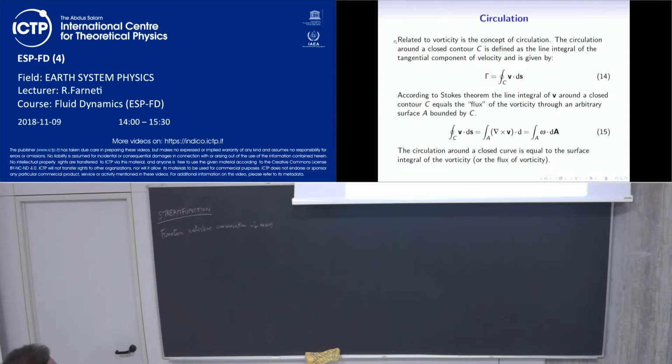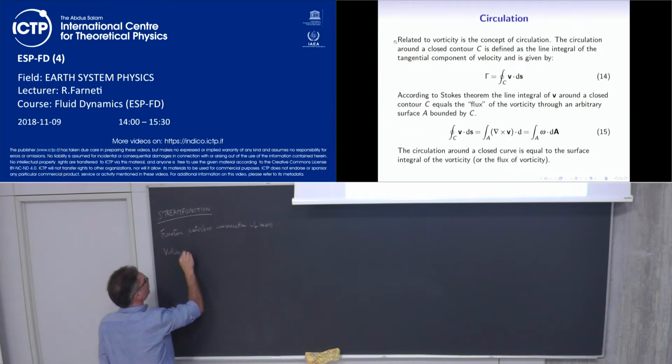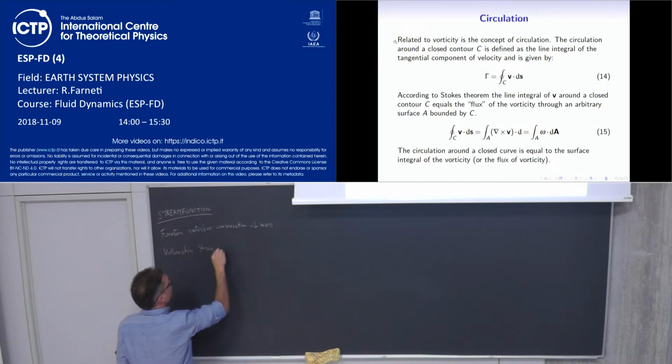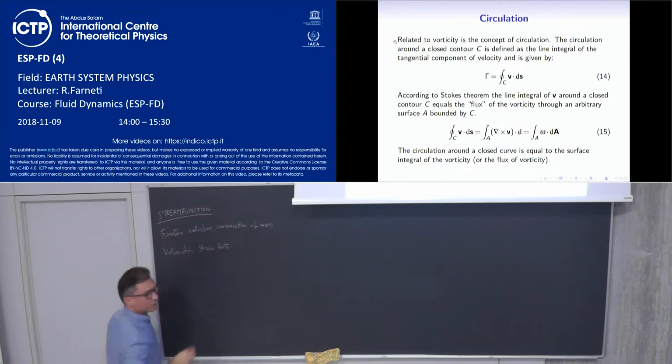So first you want to define a function that satisfies conservation of mass for obvious reasons. If you remember the volumetric strain rate, we did the one-dimensional example for the linear strain rate, and then we generalized that to a volume.